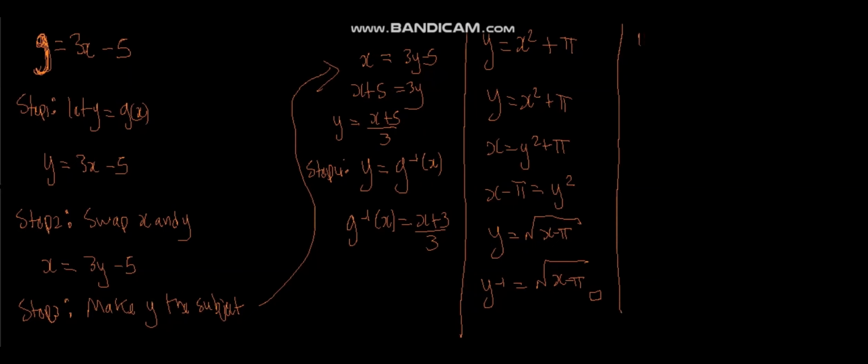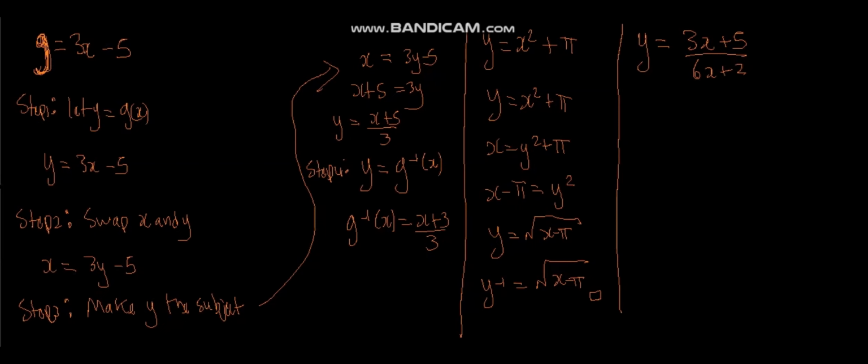Let's say we have y is equals to 2x plus 5 all over 6x plus 2. So we interchange x and y. Y is already the given function.